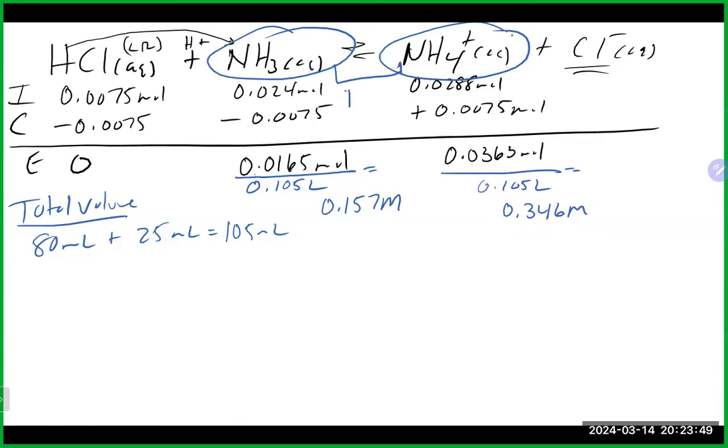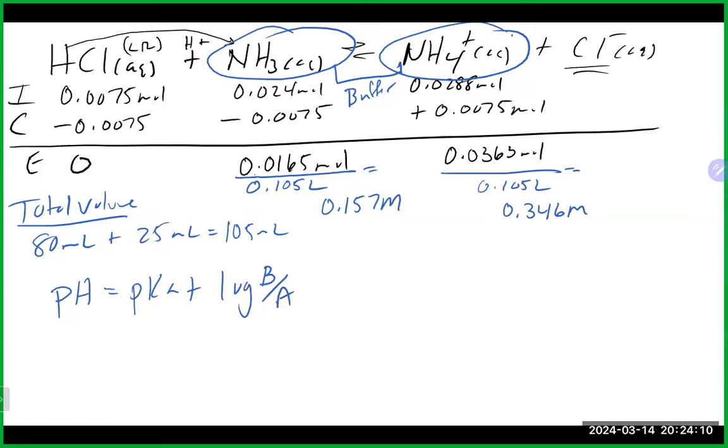And this is still a buffer at this point, as we have our weak base and conjugate acid. So again, you can ice table it up if you want to for a second time around, or the easier move, back into our Henderson-Hasselbalch equation, which once again is the only place we should be using this, in a buffer situation.